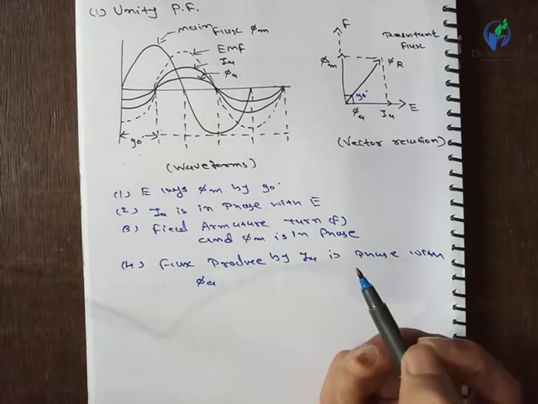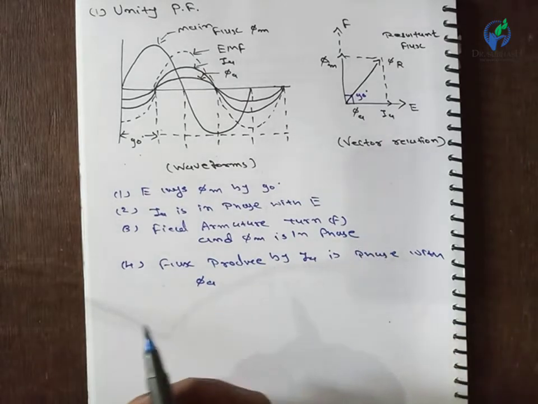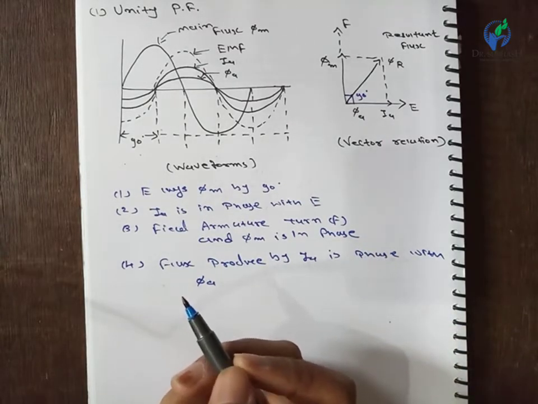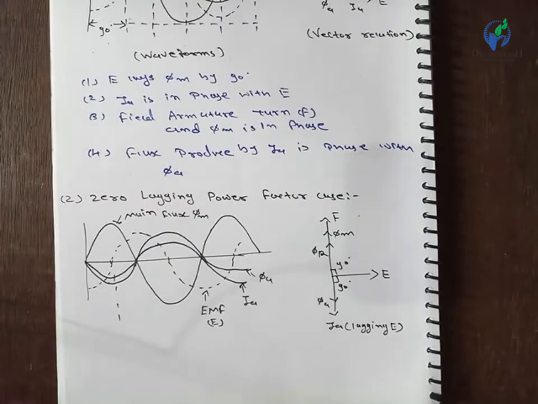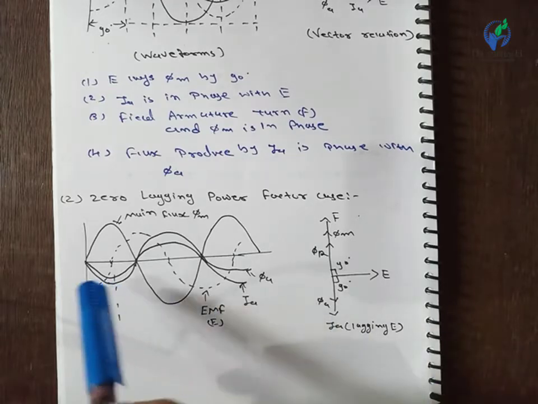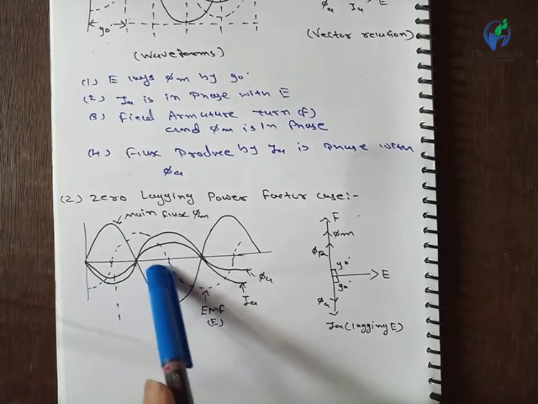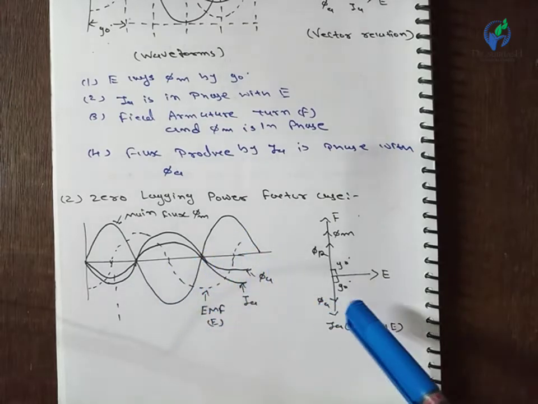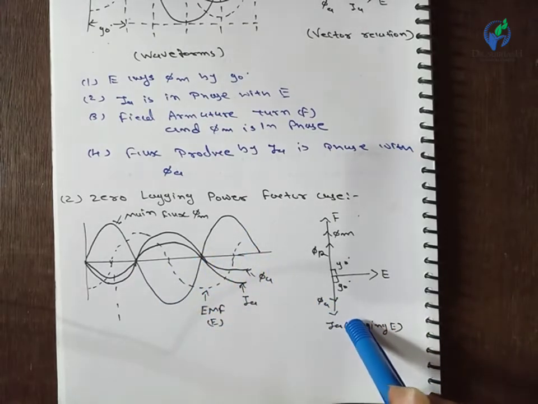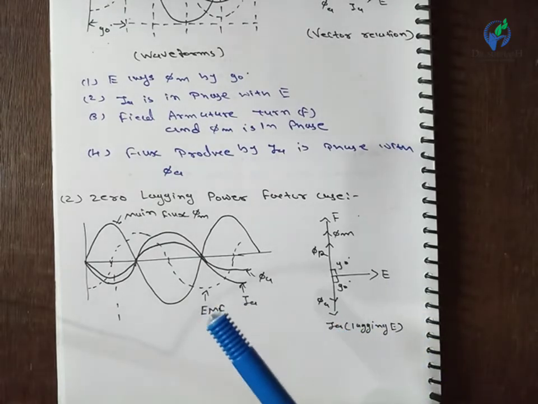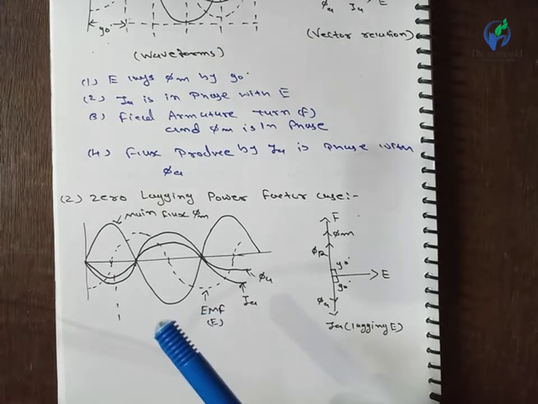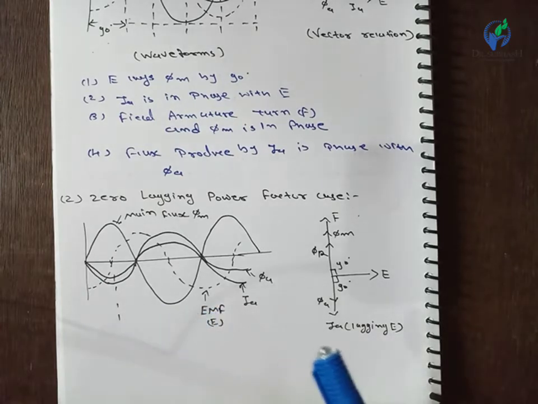Now the second point is the zero lagging power factor condition. Here we draw the waveforms and vector diagram of the zero lagging power factor. Zero power factor lagging means the alternator is supplying a load which is purely inductive in nature.